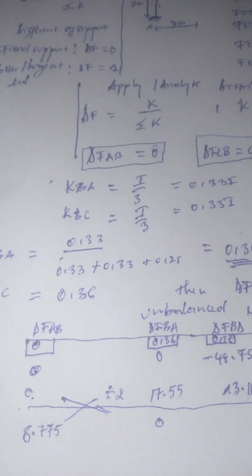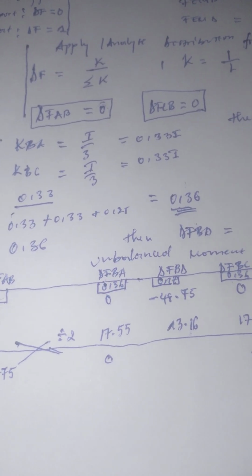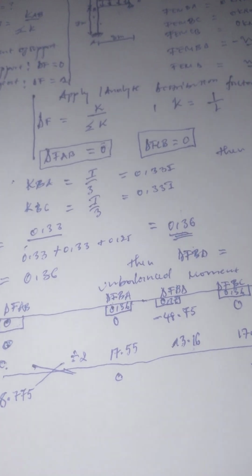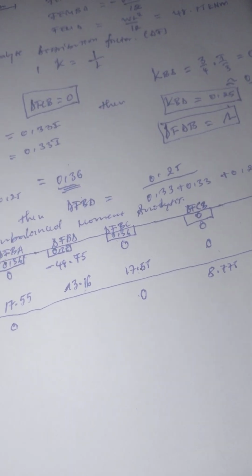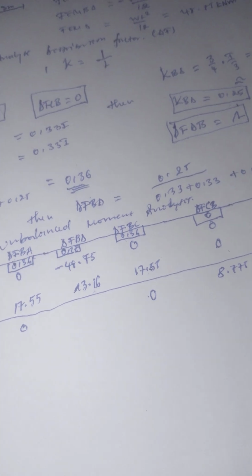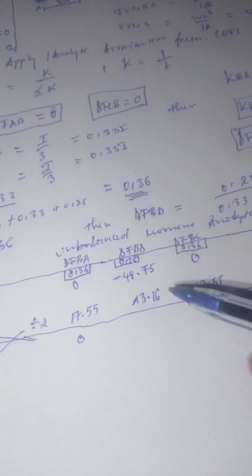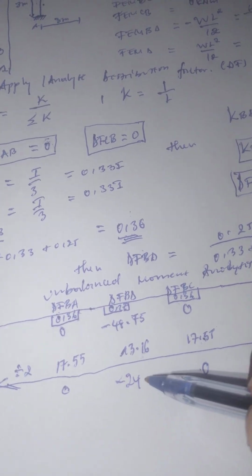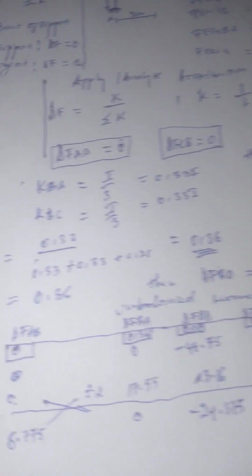Then here BC, then we take a 0, and here, then here we get negative 48.75 over 2, we get here negative 24.375.